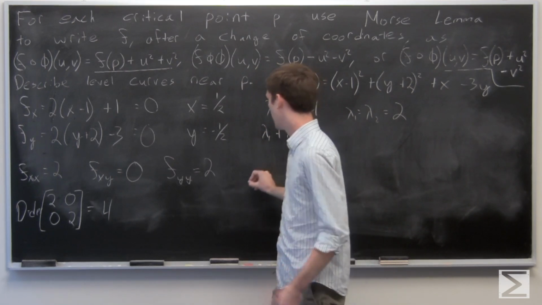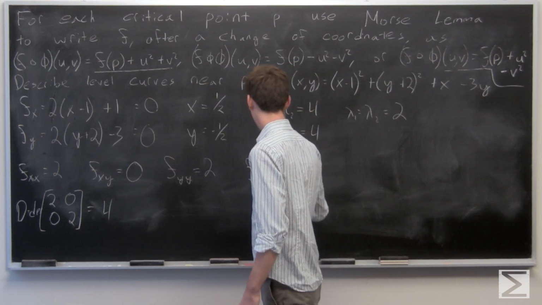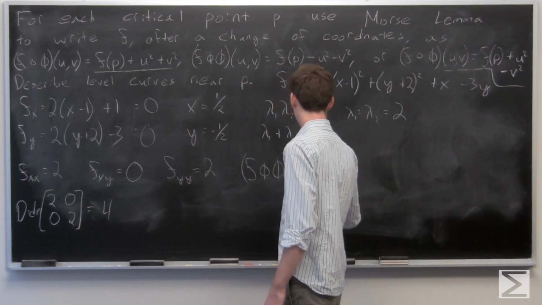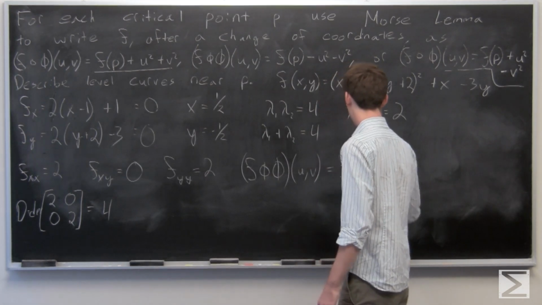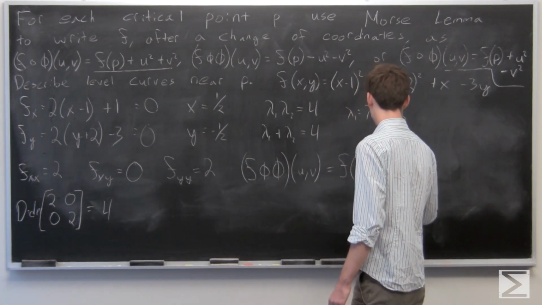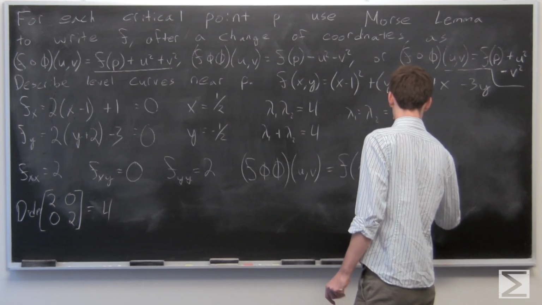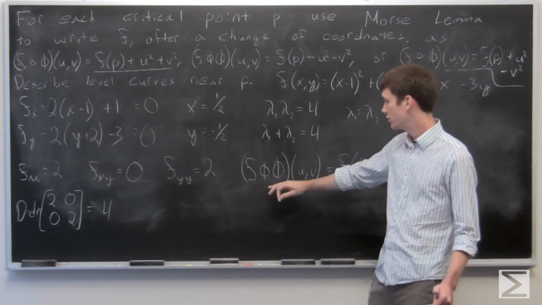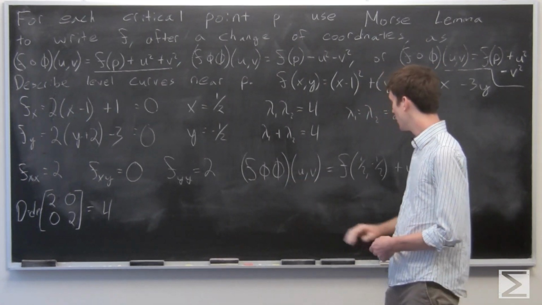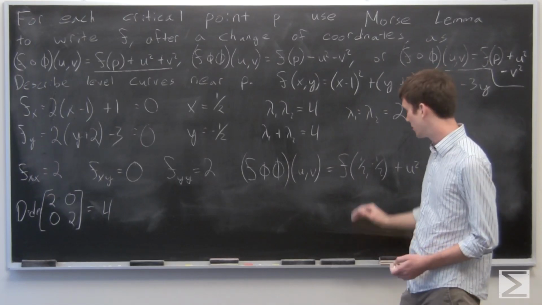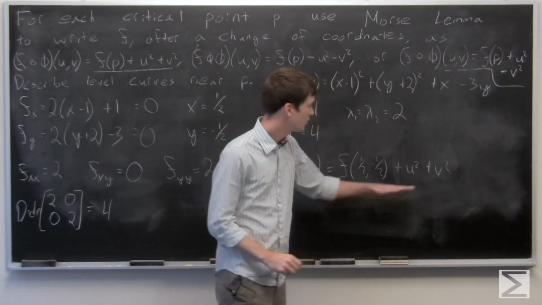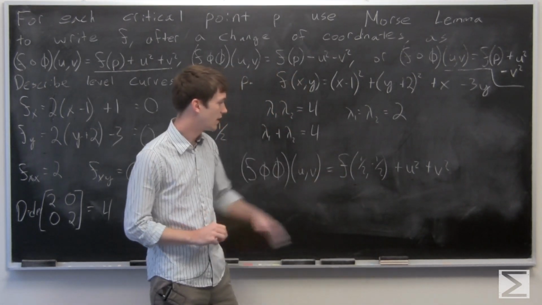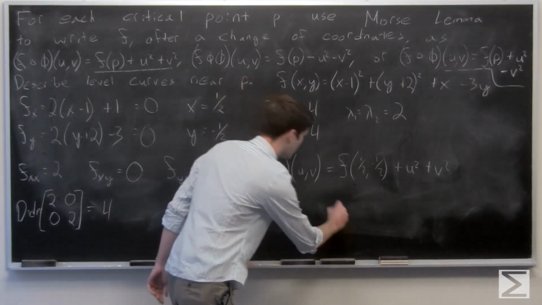So we know that we can write f composed of our change of coordinates, phi of u, v, is equal to f at the point 1/2, negative 1/2, plus u squared plus v squared. So we can calculate f at 1/2, negative 1/2.